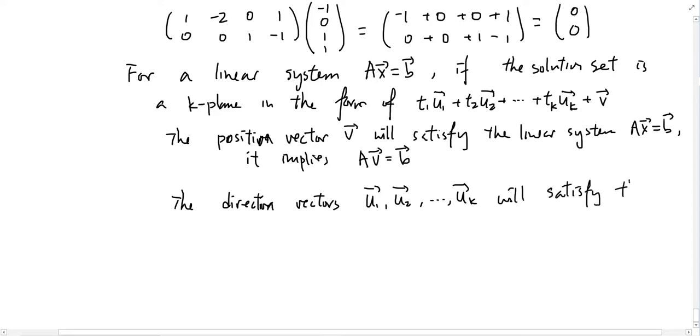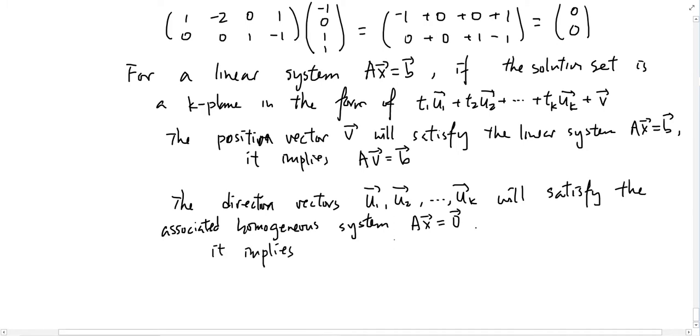They will satisfy what we call the, actually I'm sorry, the associated homogeneous system, which is basically A vector x equal to the 0 vector. So what does it mean? It implies that A times vector u1 is equal to A times vector u2 is equal to dot dot dot equal to A times vector u sub k, and they all give you the 0 vector.